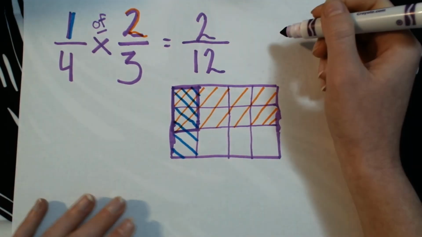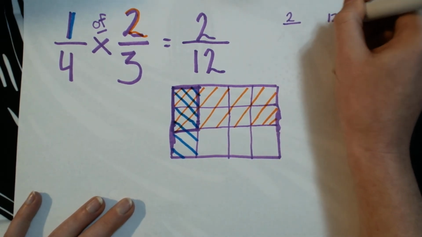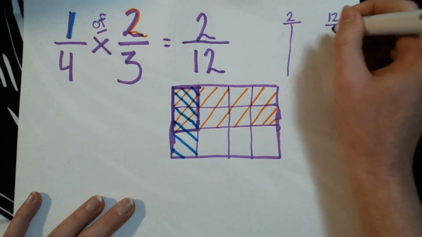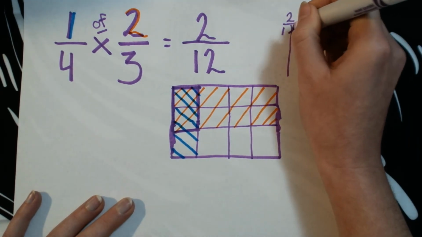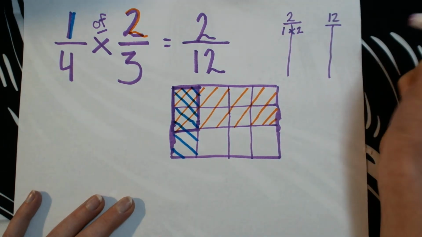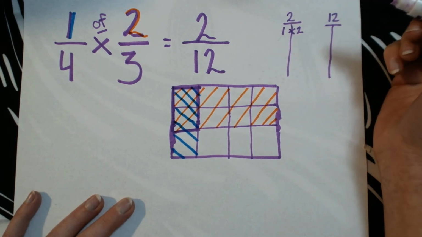I'm going to start by making my factor chart for 2 and for 12. For 2, I have 1 times 2 equals 2, and then counting up, I'm already back to 2, so those are all the factors of 2.